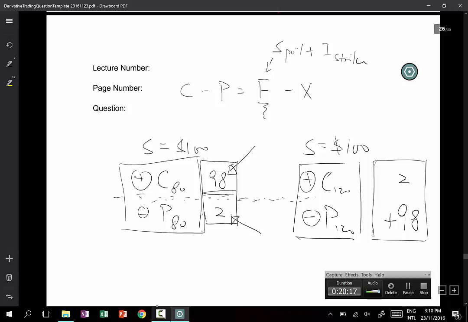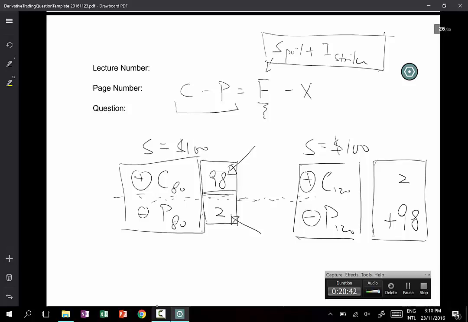Now here is the interesting part. I know that when I have a long call short put package, I'm basically taking an exposure on the spot price and also the interest on the strike. Now the strike doesn't change, but the interest rate can, and this is the whole point about rho.